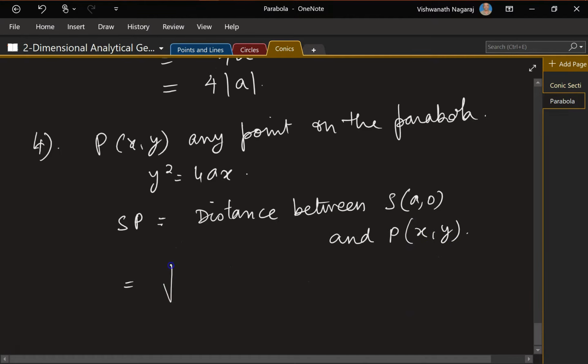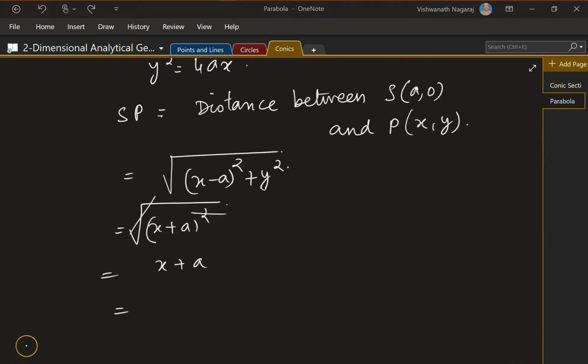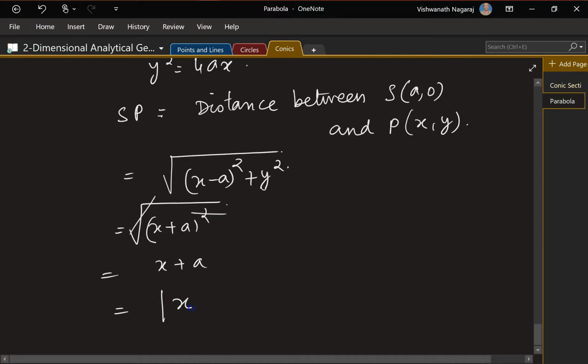Since we know the coordinates, that can be written as square root of (x minus a) square plus y square, y minus 0 we don't need. This and this square cancel and we are left with x plus a. Since we are talking about distance, it has to be x plus a. We can't have a negative result.